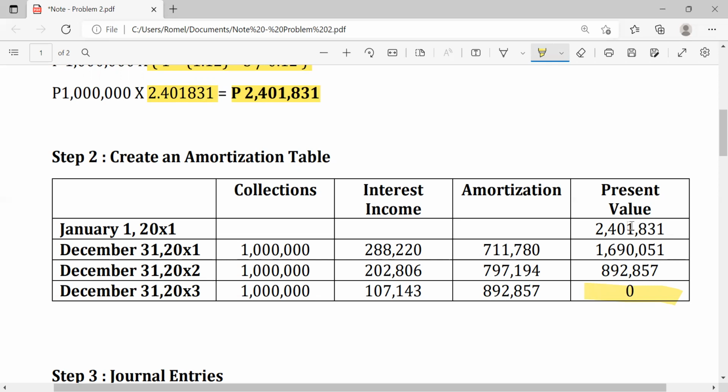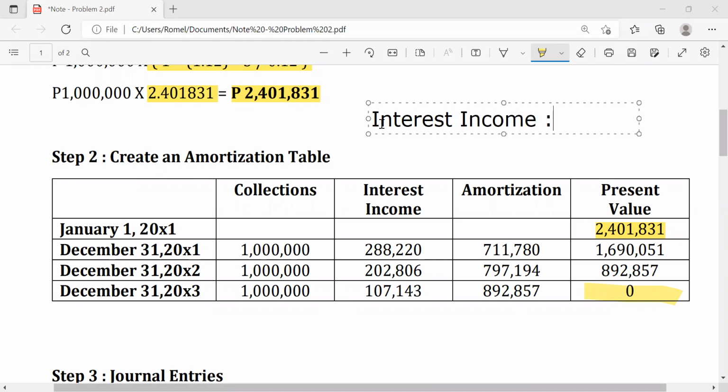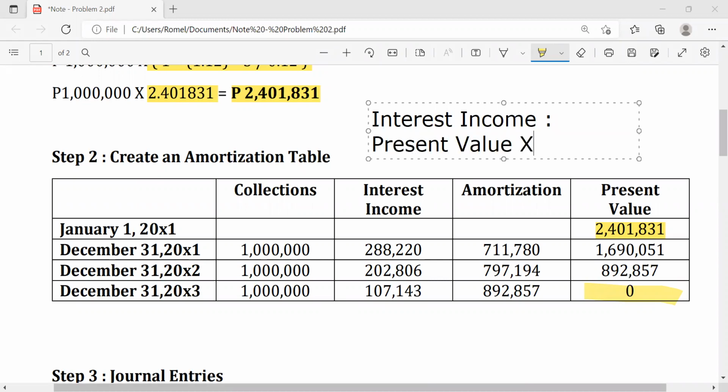So, anong gagawin natin pag installment siya? So, let's have the present value. 2,401,831. So, the first concern is, how do we compute for the interest income? So, again, based sa first video natin sa lump sum, non-interest bearing note, interest income can be computed by multiplying the present value of the note times effective rate.